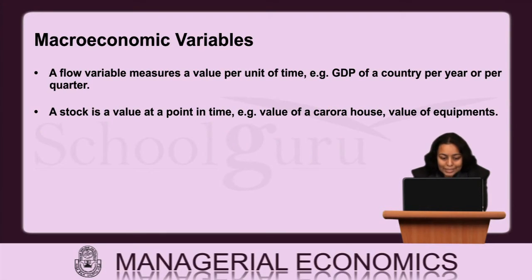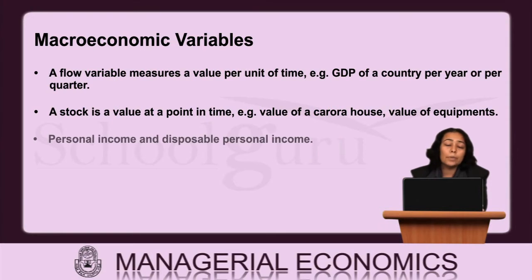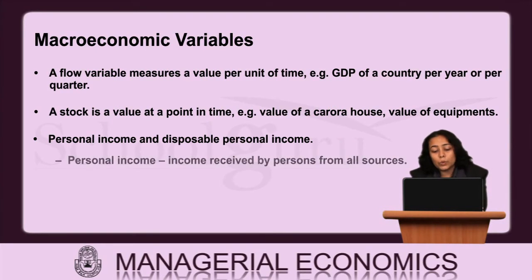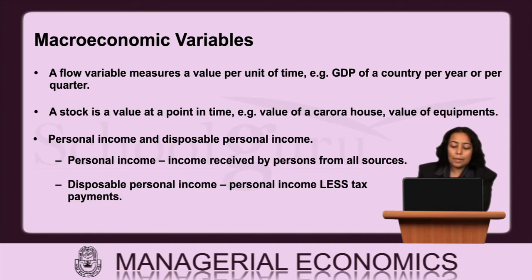Now, to understand GDP, we also need to understand personal income and disposable income. What is personal income? Personal income is the total income received by people from all sources. It could be rental, salary, interest income, etc. And disposable income means personal income less tax and other payments that you are making.